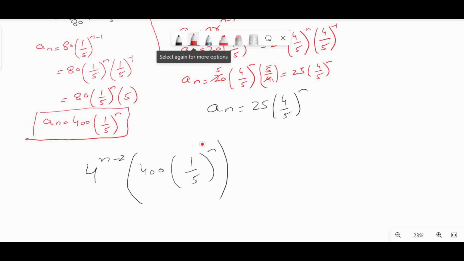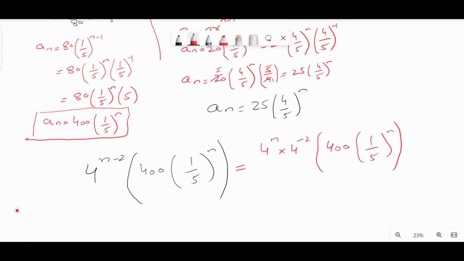We can write it as 4 power n into 4 power minus 2. Now from here we can write it as 4 power n whole divided by 4 square into 400 into 1 by 5 whole power n. Now we can cancel these.